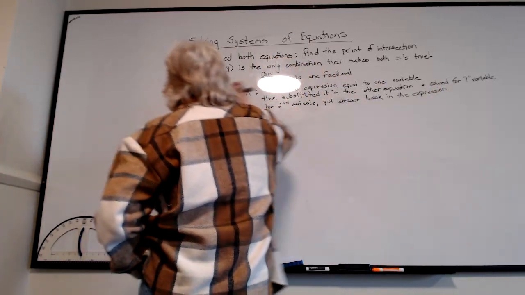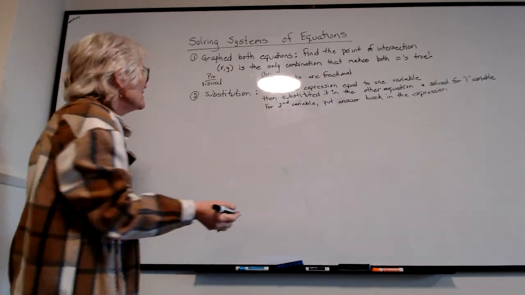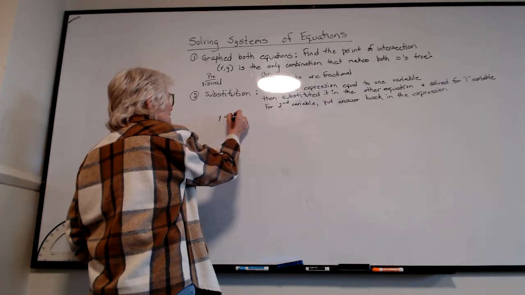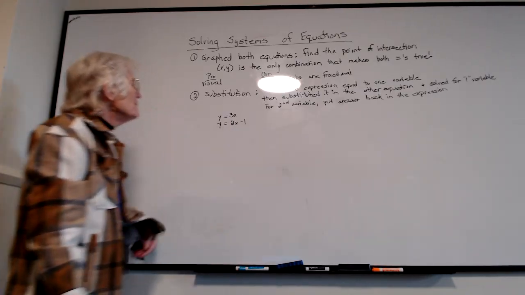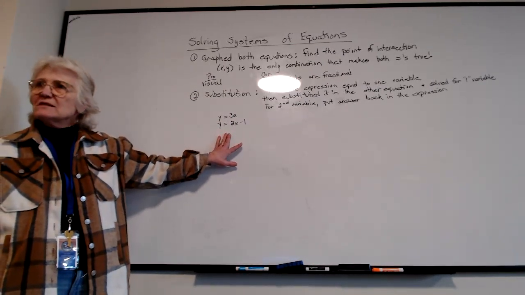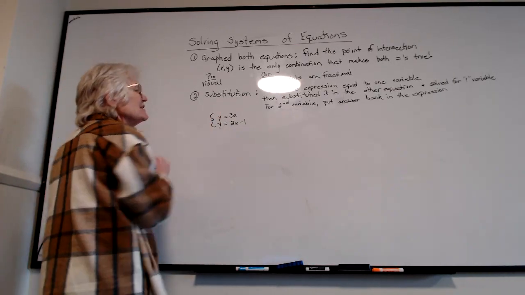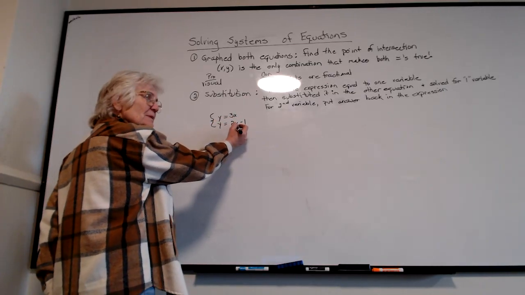Okay, so example. I didn't draw an example of the graph, but I will give you an example here. We solved an equation like this. Here we know what y is in both cases. So this was the first kind that was really easy to do. We could say, y is 3x, y is also 2x minus 1.